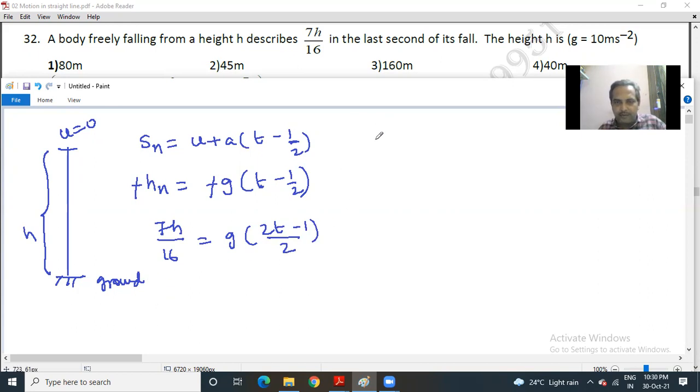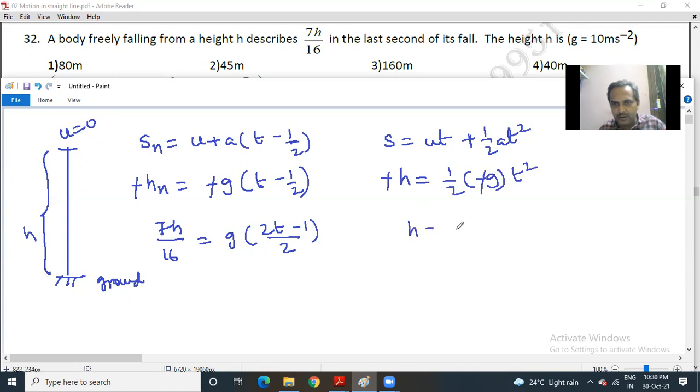Now, for a freely falling body, the distance traveled in t seconds: we go with S is equal to ut plus half at square. Since it is falling freely, S will be minus h since it is coming down, and u will be 0, a will be minus g, so minus cancelled.